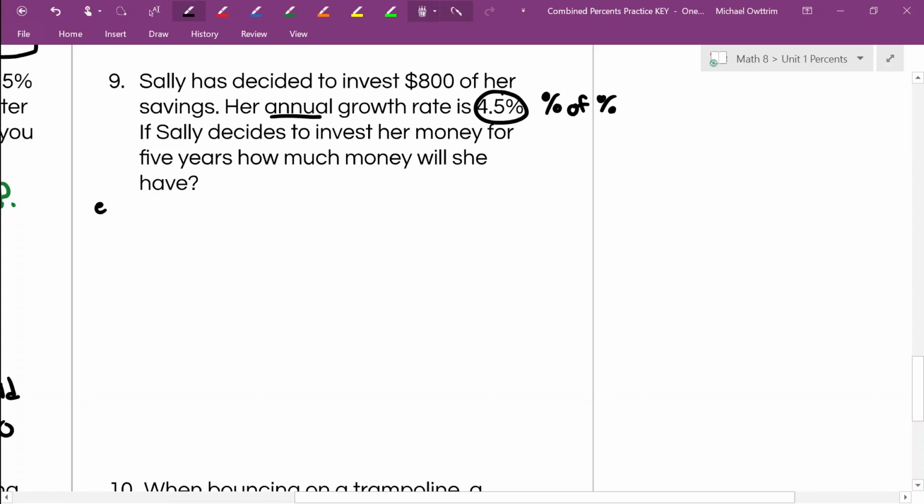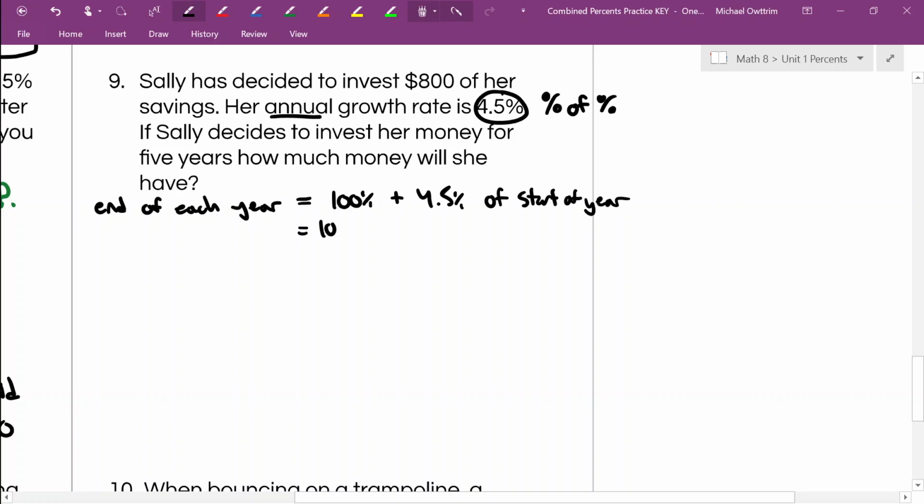So that means at the end of each year, you will have 100% of the money you already had, plus you've grown by 4.5% of the previous year, or of the start of the year, let's say. And so you'll have 104.5% of the start of the year. And that's paid each year.